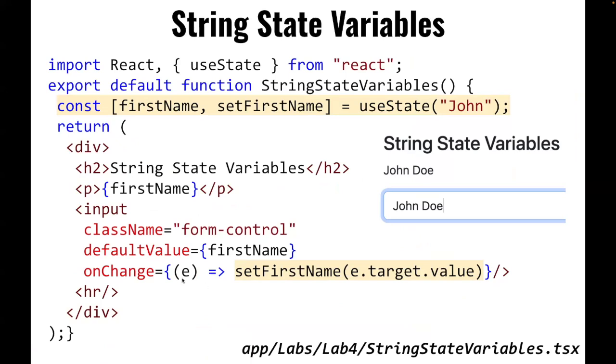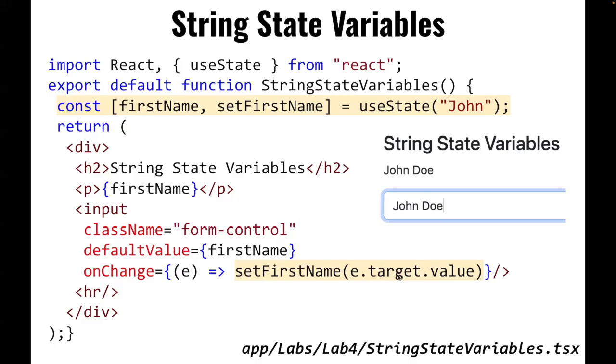But the most important part is that it has a reference to the element that generated the event. In this case, the one who generated the event is the input field itself. The input is notifying us that somebody clicked it or somebody typed. There was a keystroke on the input field.